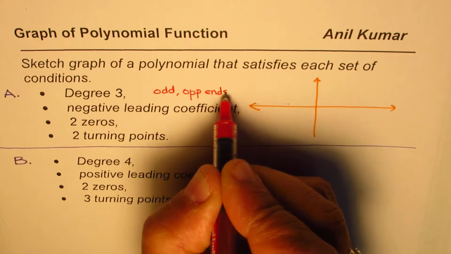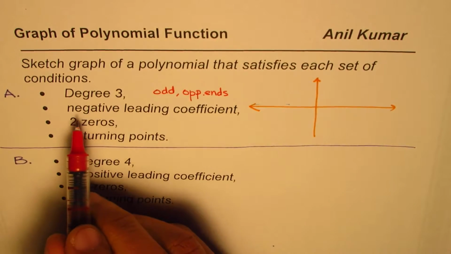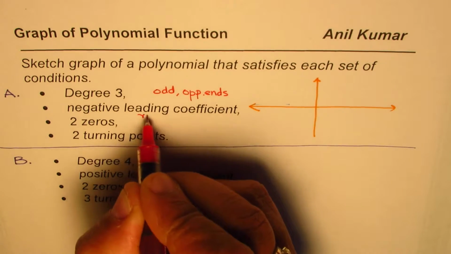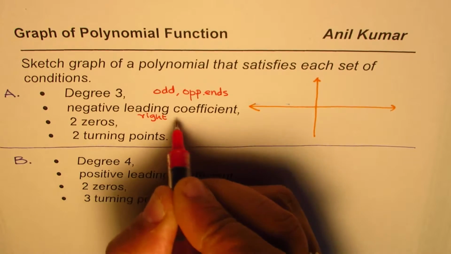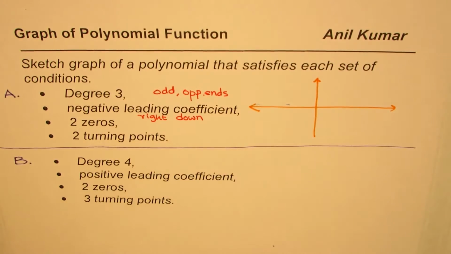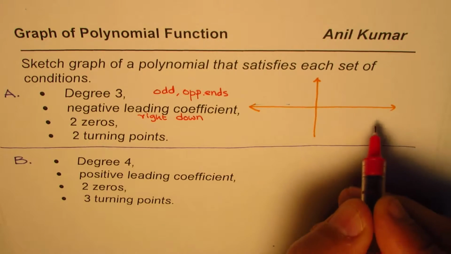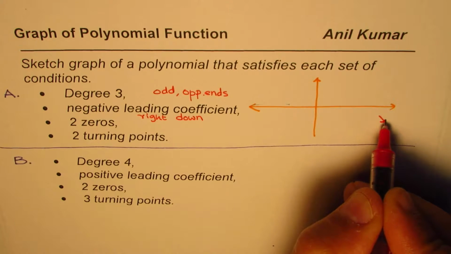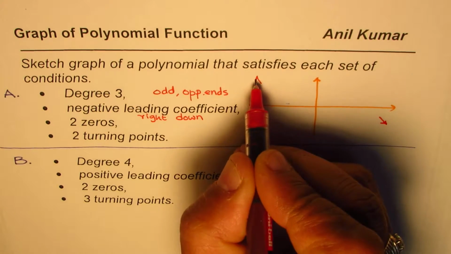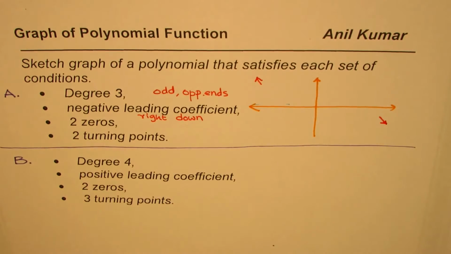Negative leading coefficient means the right side is down. So opposite ends, right side down. And that combination means the graph's end behavior is kind of like this. The right side is down and it has to go to the opposite ends. So that is the end behavior.